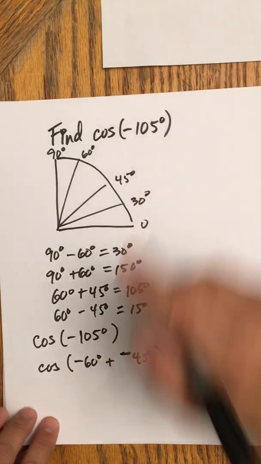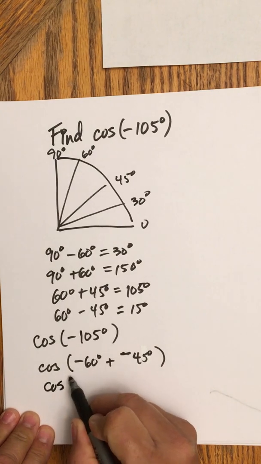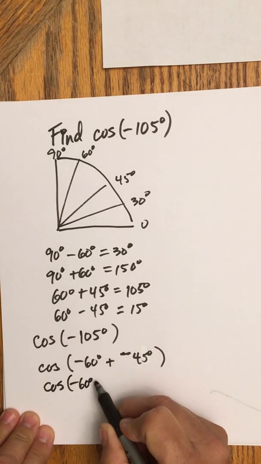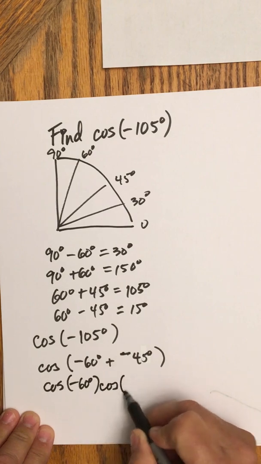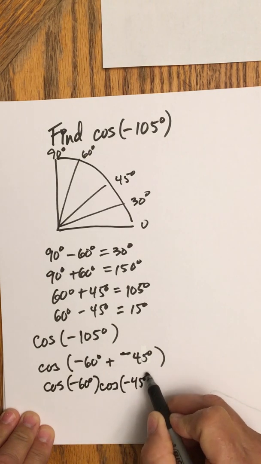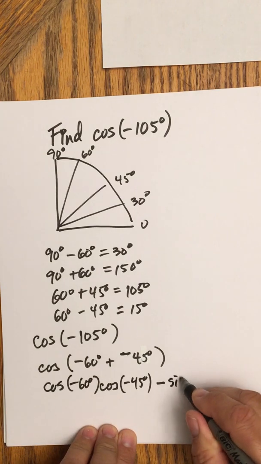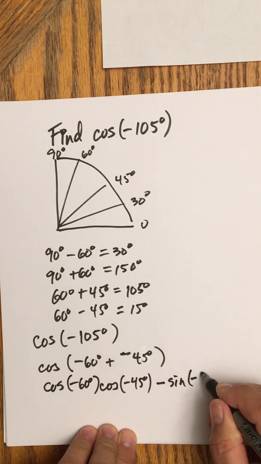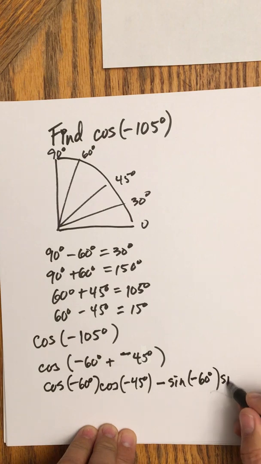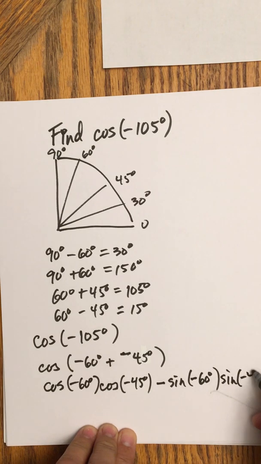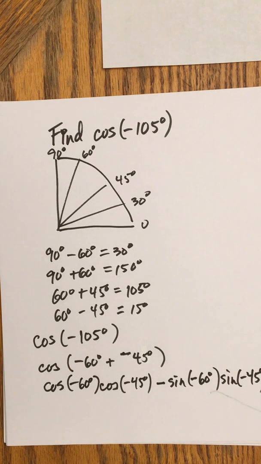What I'm going to have is cosine of the first angle, cosine of the second angle, and then because it's a plus, it becomes a minus here, and then sine of the first angle times sine of the second angle. Okay?